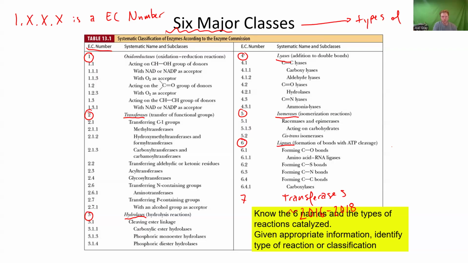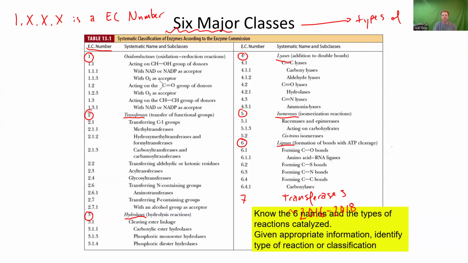And on an exam, you would see only the first digit, 1.x.x.x. And I want you to say, oh, well, that's an oxidoreductase. Can you give me a Y or an N if that makes sense?